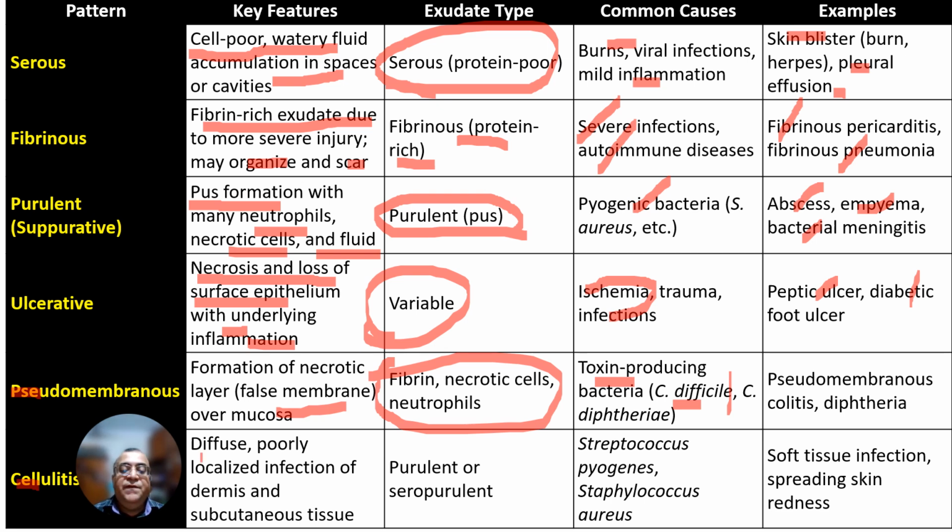Cellulitis shows diffuse, poorly localized infection of the dermis and subcutaneous tissue, and the exudate is purulent or seropurulent. The causes are Streptococcus pyogenes and Staph aureus, and examples are soft tissue infection and spreading skin infection, and there will be redness.